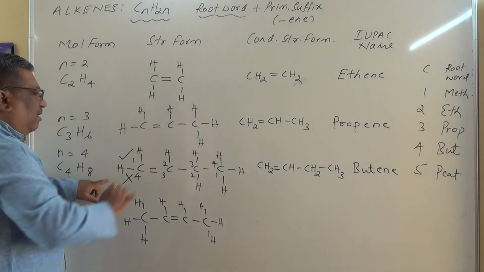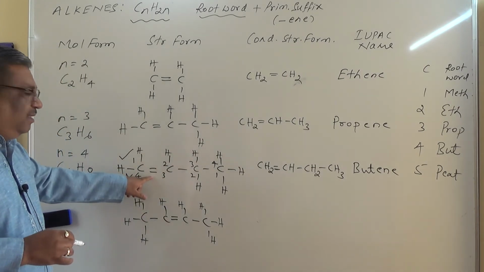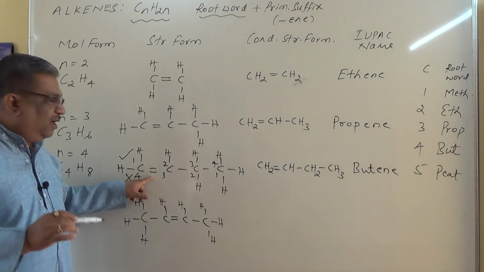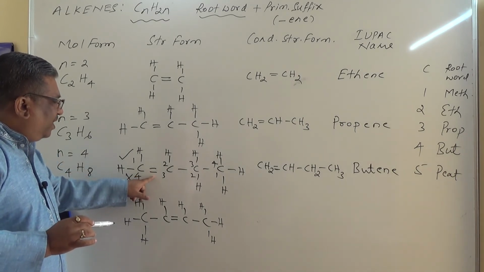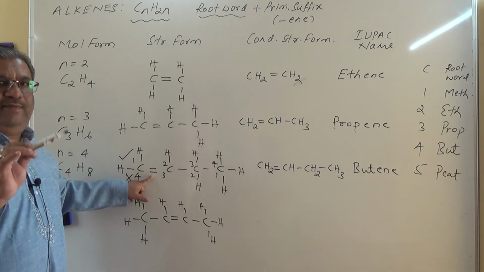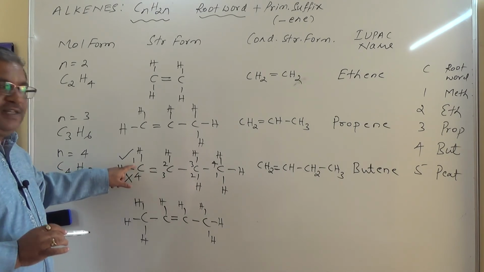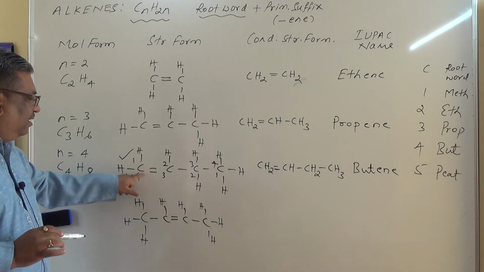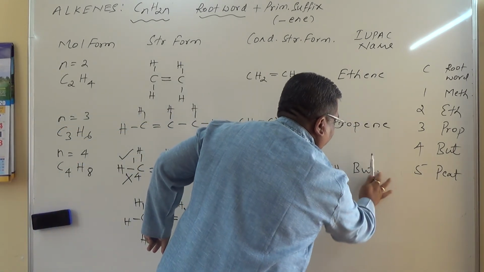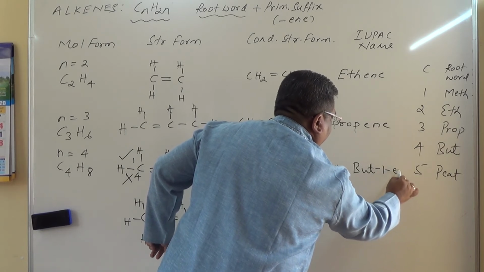While naming the compounds, ene, that is the double bond, is a primary suffix. The carbon atom to which ene is attached should be represented with a hyphen. For example, the double bond here is attached to the first carbon atom, so ene is at the first carbon atom. So but hyphen 1 hyphen ene.